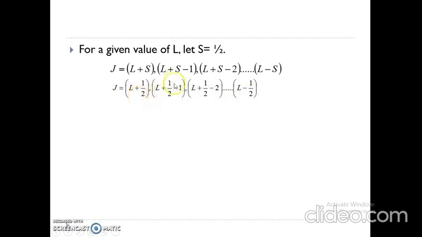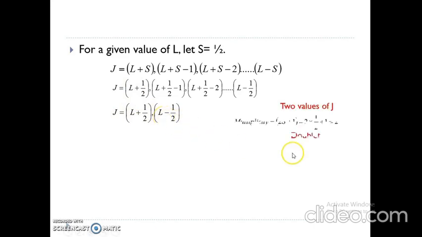The second value is L plus half minus 1, that is L minus half. L minus half is already written here. You can take one J value only once. So there are only 2 possible J values, that is L plus half and L minus half. Let's see whether it is true by checking it with the formula. Multiplicity is 2S plus 1, that is 2 into half plus 1, which is 2. Now since multiplicity is 2, we call it a doublet.